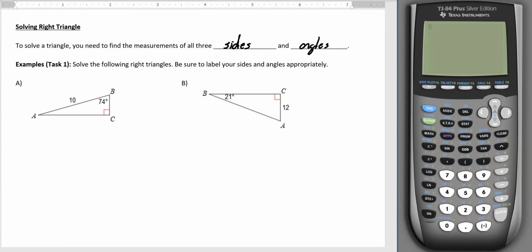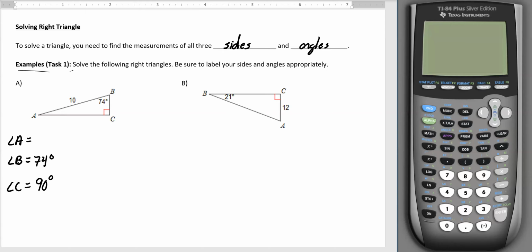Alright, so with these examples here, solve the following right triangle. Be sure to label your sides and angles appropriately. Here's what we're going to do. We have three angles: angle A, which would be this angle here, angle B, which is given to us, it's 74 degrees, and angle C, which is 90 degrees.